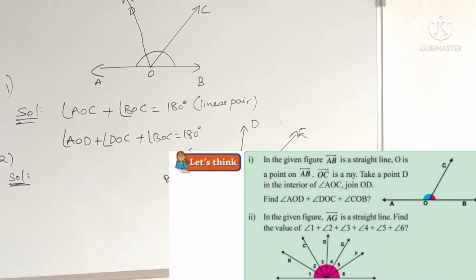Second one. In the given figure, AG is a straight line. Find the value of angle 1 plus angle 2 plus angle 3 plus angle 4 plus angle 5 plus angle 6.